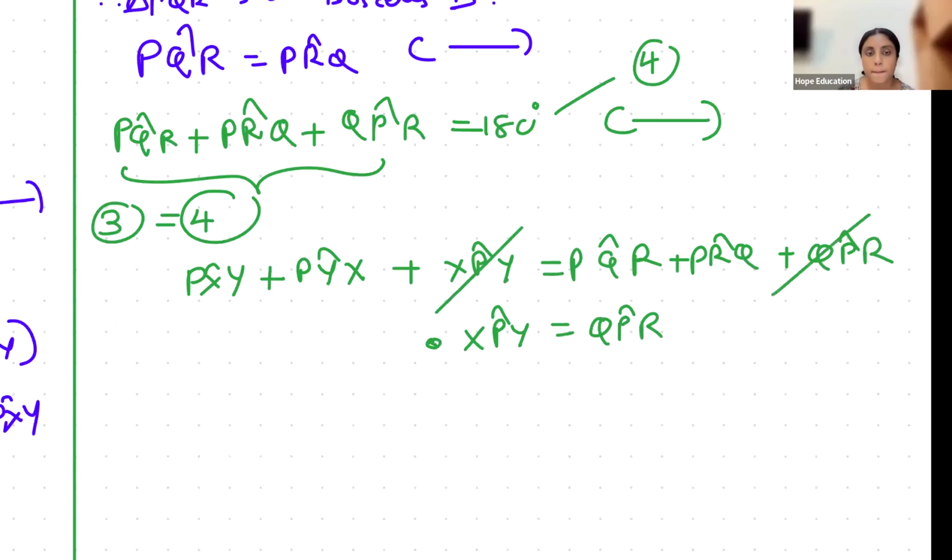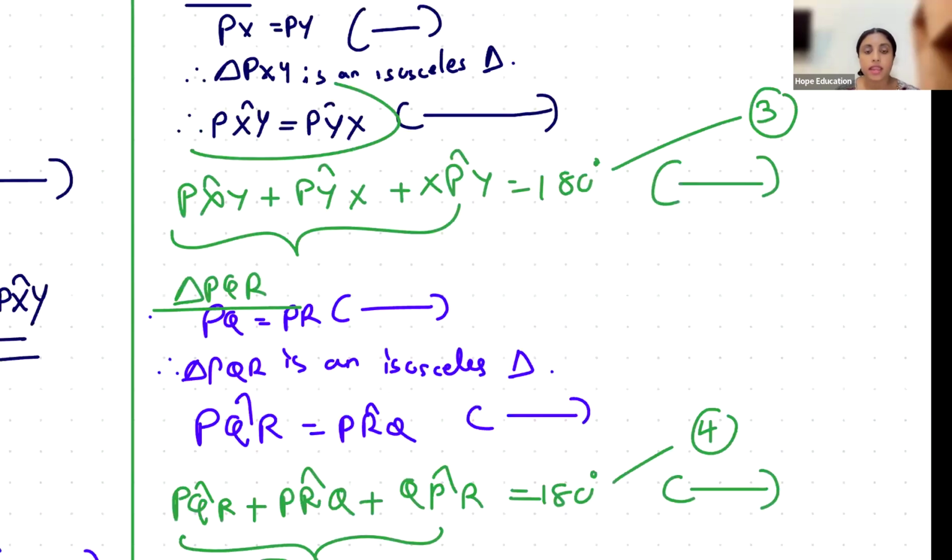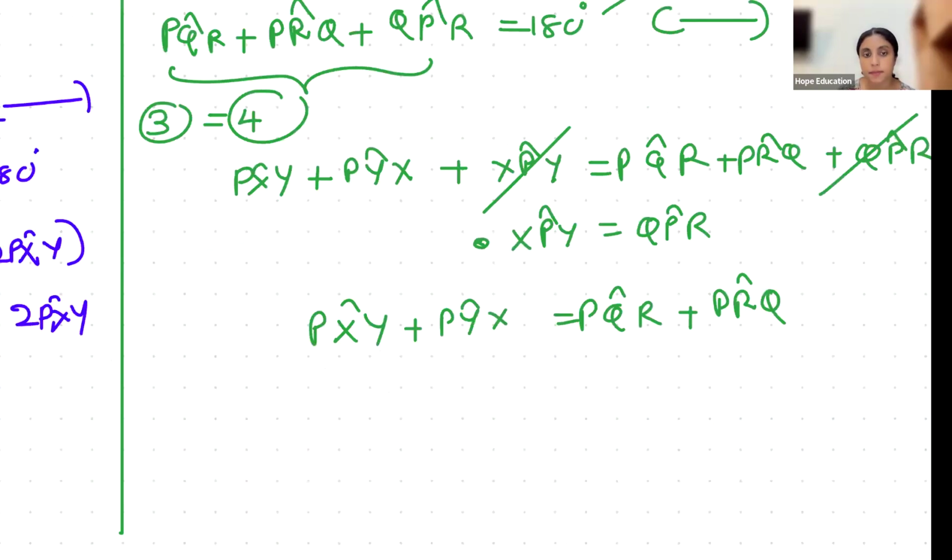So I have PXY plus PYX equals PQR plus PRQ. And you know PXY and PYX are equal. So here I can write PXY instead of PYX. So PXY plus PXY.